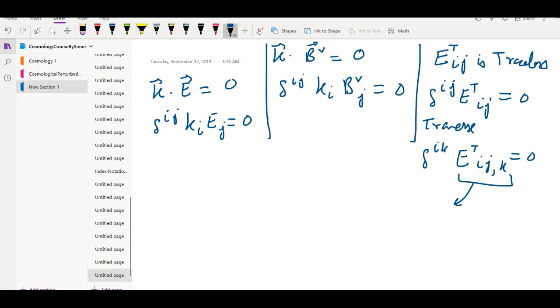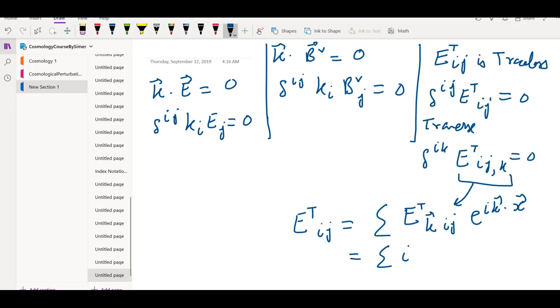If you expand E^T_ij in terms of Fourier components, E^T_ij,k times e^{ikx}, then when we take its derivative, the i k component will come in front.